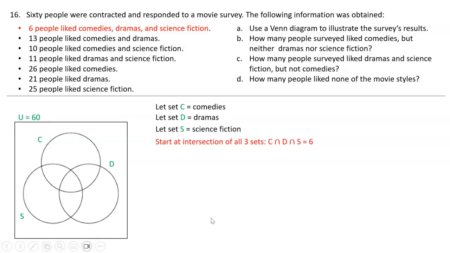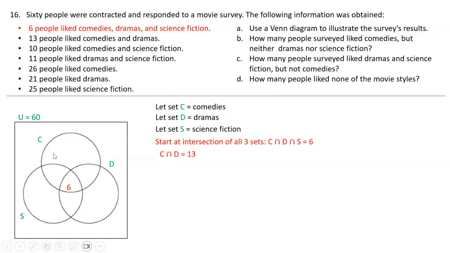So 6 people like comedies, dramas, and science fiction. That means where do they all intersect? Which is 6. So all the sets intersect right here in this area. That's the intersection of all 3, so that's equal to 6. Now we go to the second clue: 13 people like comedies and dramas. Comedies and dramas means C intersect D, which is 13.